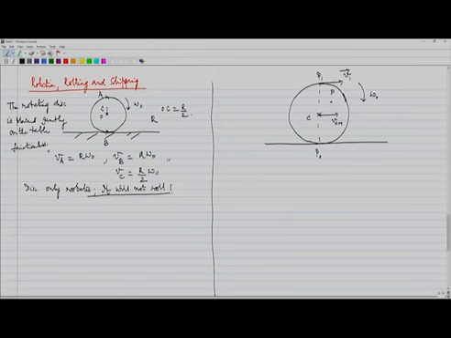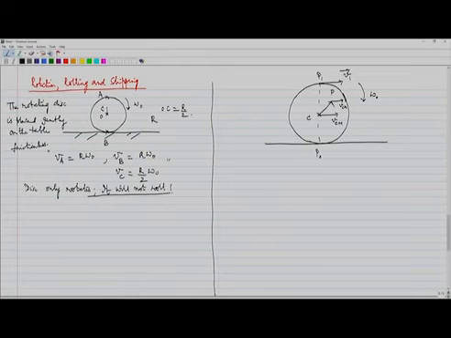When I take a particular point here, what happens? To find the velocity here, I should join these two. This particular point will have the same VCM. And then there is going to be a radius, which I will call RP.